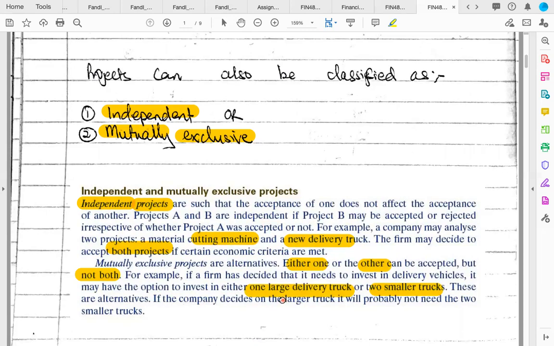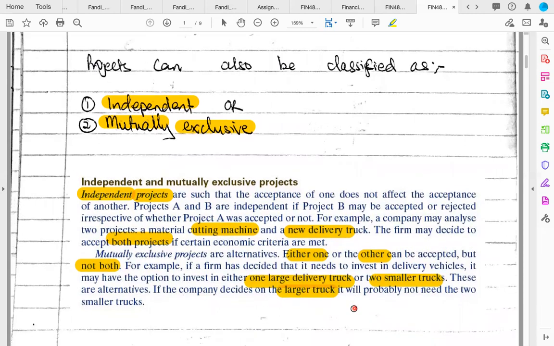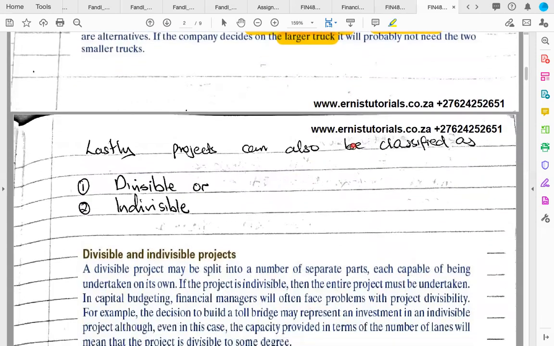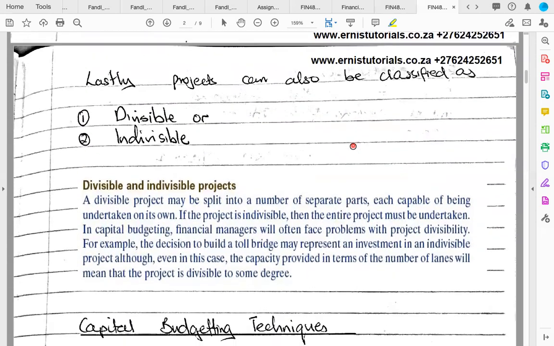The company can decide on the larger truck, then it won't invest in the smaller trucks, or they can decide on the smaller trucks and then they won't invest in the larger truck. So whether you get an assignment question or an exam question, and you're trying to decide between two projects, if you're told your projects are mutually exclusive, it means you can only choose one project. Whereas if you're told that your projects are independent, you are allowed to choose more than one, as long as the projects are profitable.